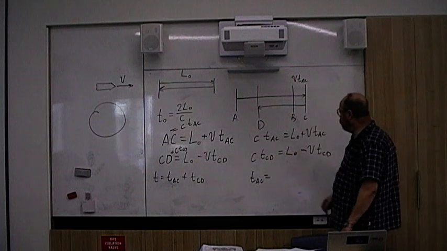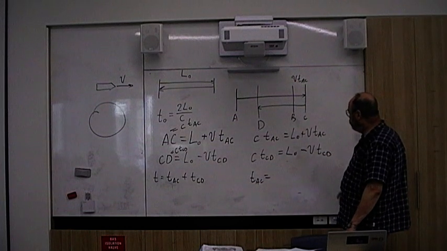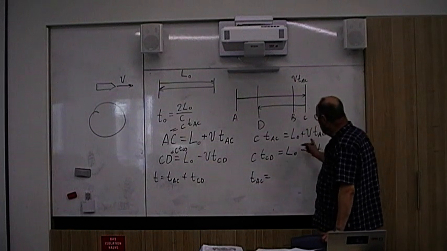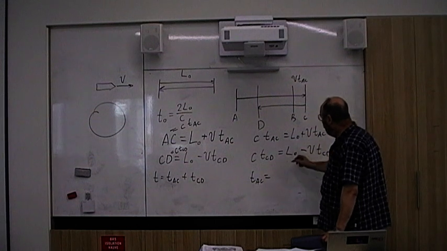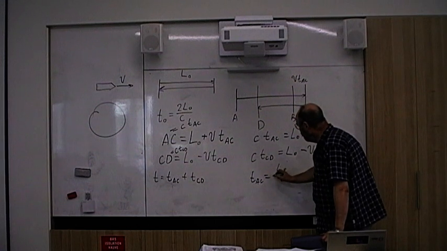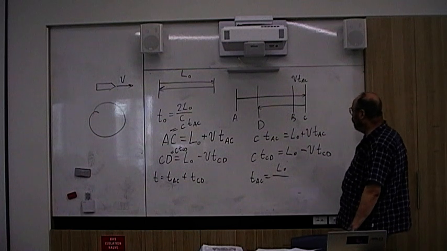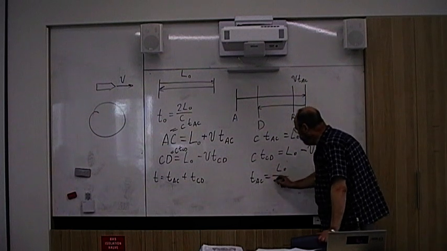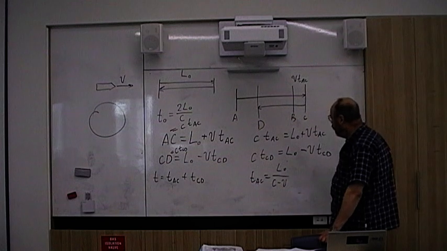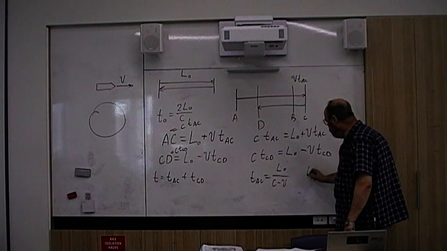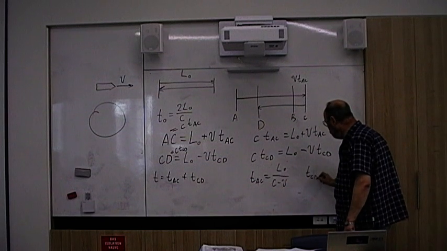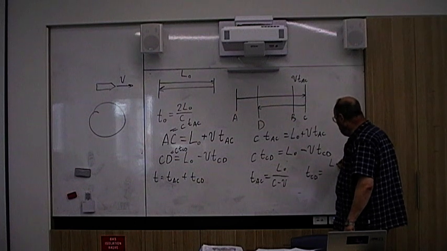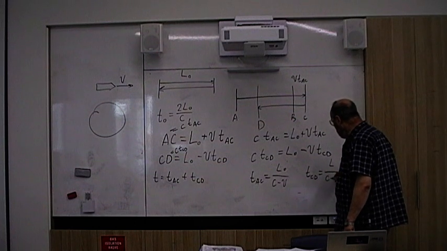T_AC from the first equation will be L0 divided by C minus V, and T_CD equals L over C plus V.